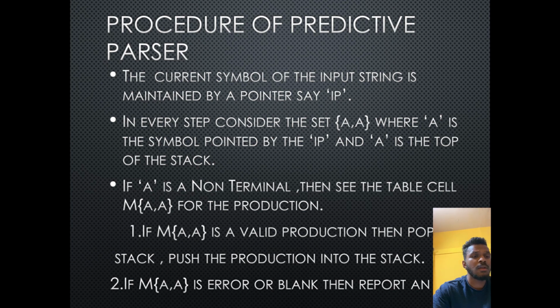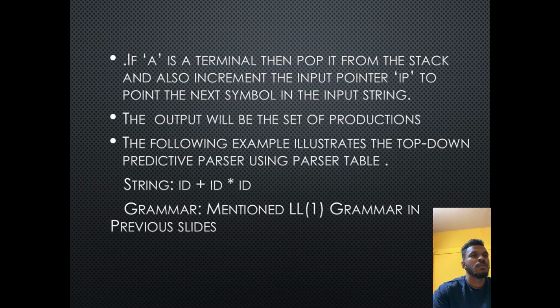If M[X, a] is a valid production, then pop the stack and push the production onto the stack. If M[X, a] is error or blank, then report an error. That is all you need to do. If X is a terminal, then pop it from the stack and also increment the input pointer IP to point to the next symbol in the input string. The output will be the set of productions.